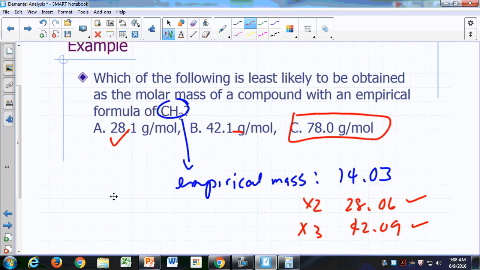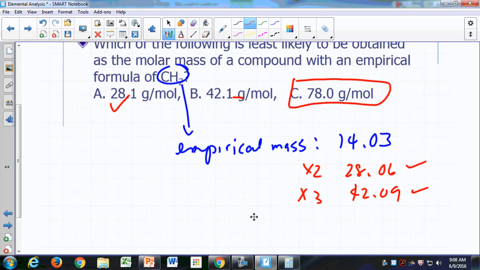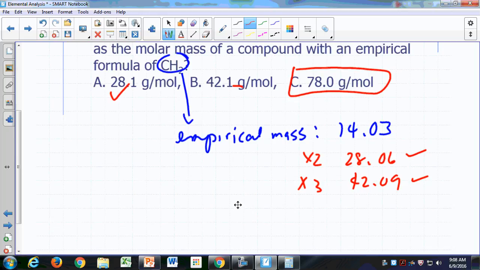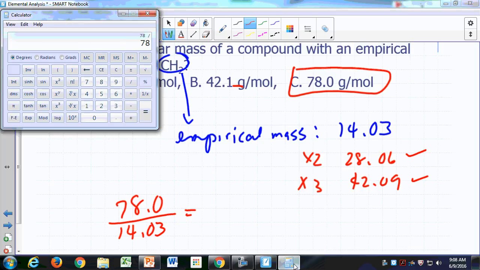A quick way to do this, if you don't want to go through all of these possible multiples, is just to divide each one of these by the empirical mass. So 78.0 divided by the empirical mass of 14.03 gives you 5.5556. Okay, that's halfway between two whole numbers, so that's not a multiple.